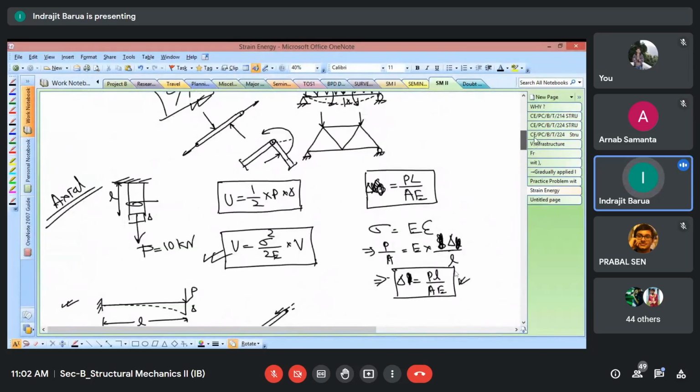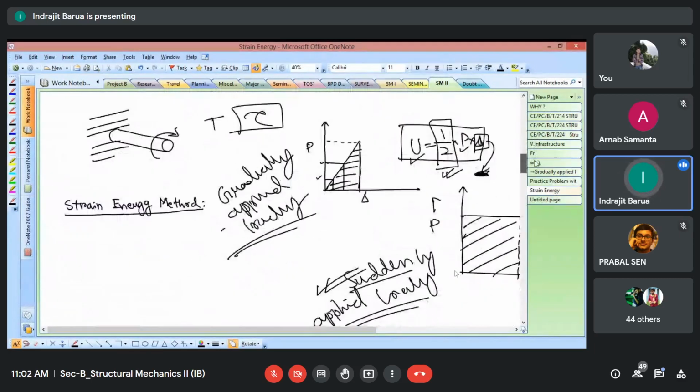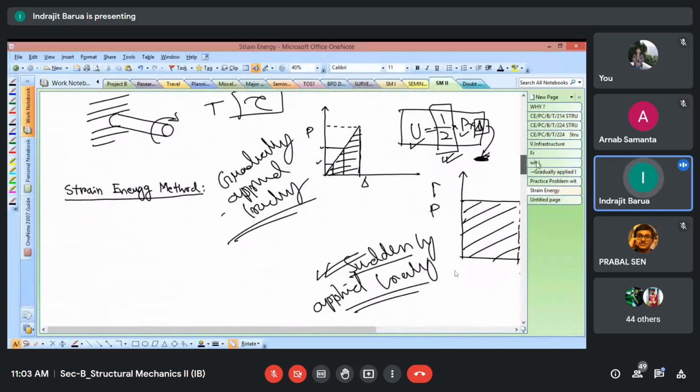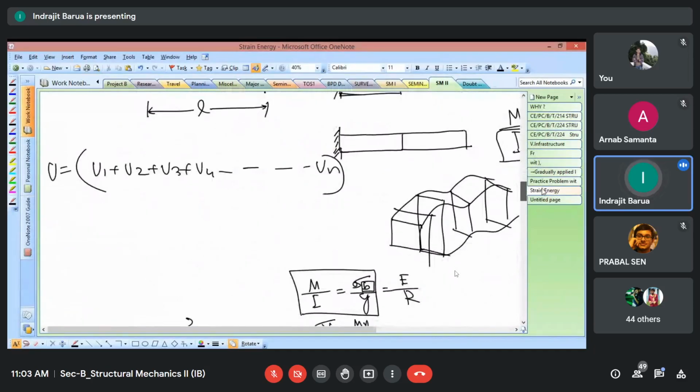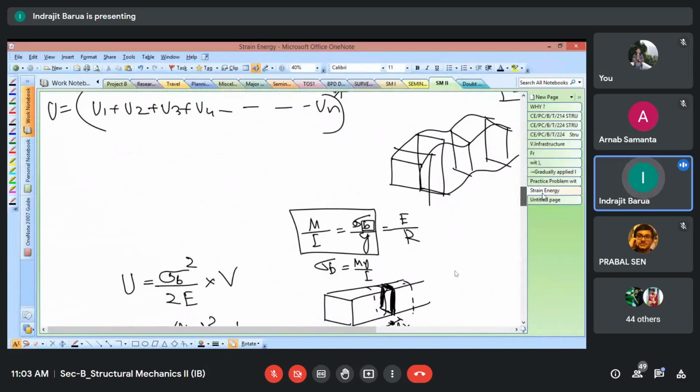What you can do is get the strain energy directly, and calculate how much strain energy is stored there. With respect to that, you can find out the displacement, because it is nothing but the work done with respect to the force and displacement relationship.